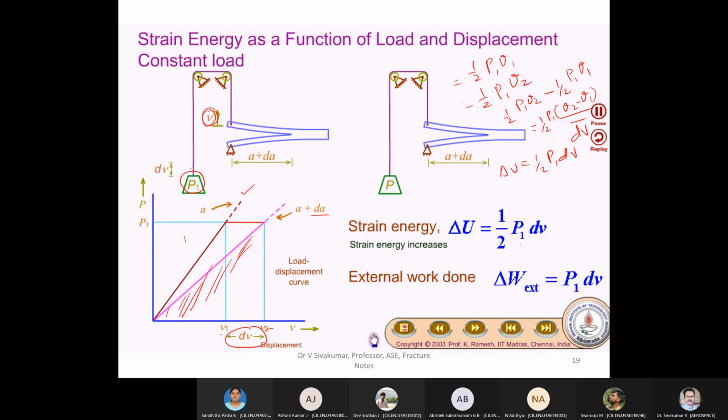Suppose I have some kind of setup here, practically it is feasible. If I have a support here, then I need something here, and some complexity may come in giving support at the top.